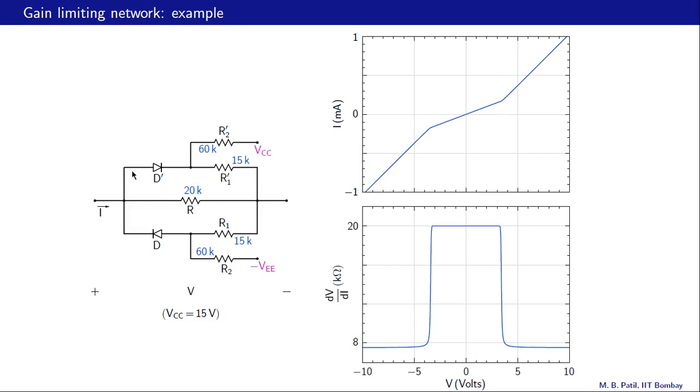Now there is this additional current path, and therefore the net resistance goes down, and therefore the slope, which goes as 1 over R, increases. The same thing happens in the reverse direction. Somewhere here D turns on and the slope increases.